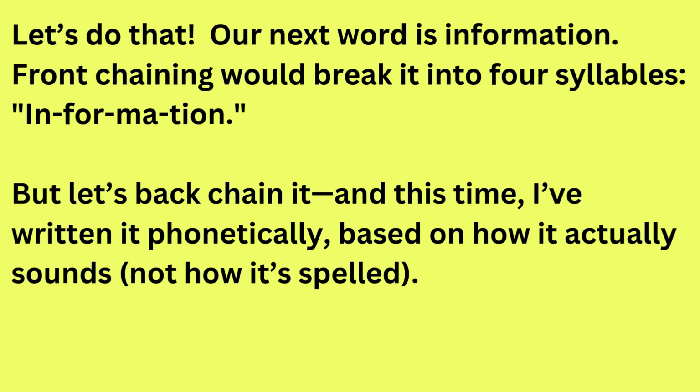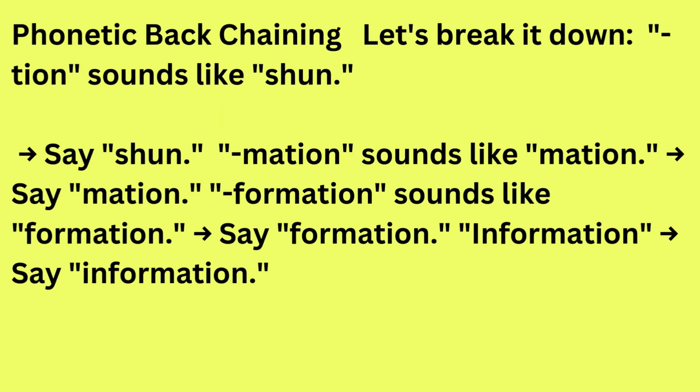Our next word is information. Front chaining would break it into four syllables, in-for-ma-tion. But let's back chain it, and this time I've written it phonetically, based on how it actually sounds, not how it's spelled. Phonetic back chaining.